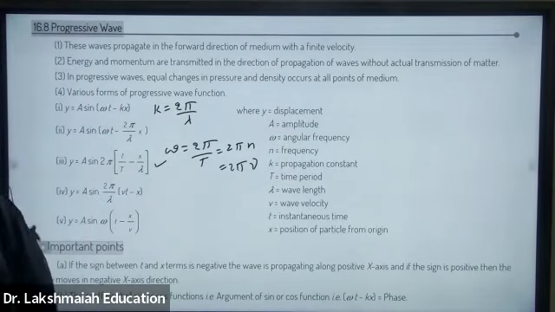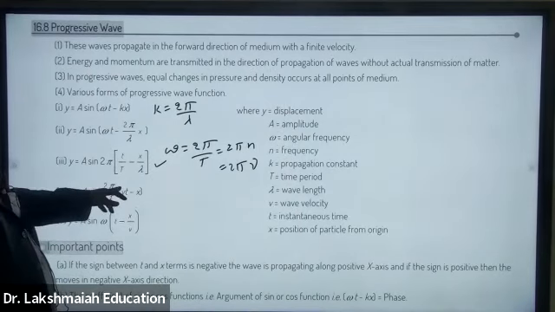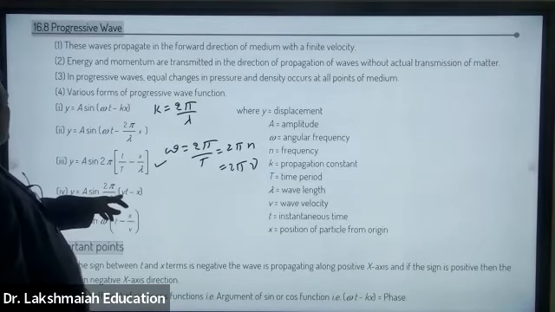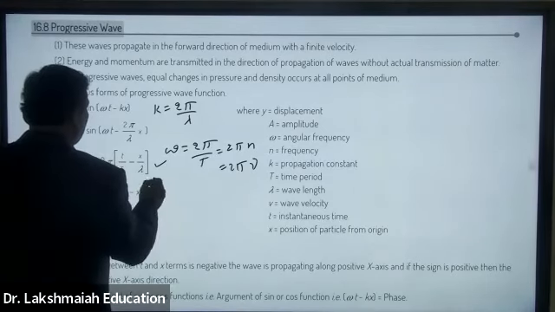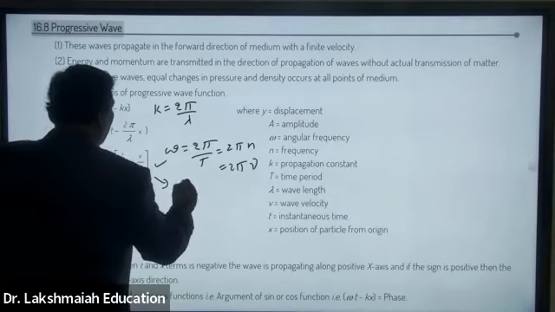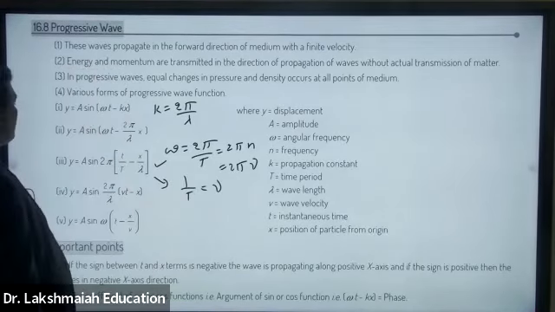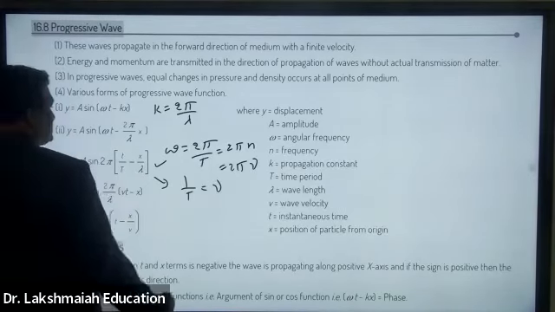2 pi has been taken common. Now if you take 2 pi by lambda as common, then here you will get velocity. How do you get velocity? See, I am converting this equation. 1 by time period is nothing but frequency.